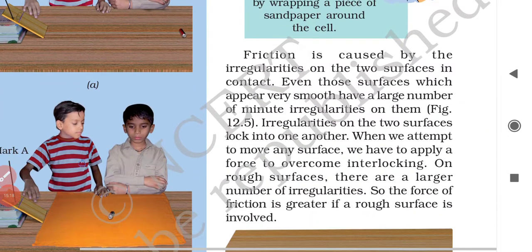Clear? So what is the cause of friction now? Friction is caused by the interlocking of irregularities in the surfaces of the two objects which are in contact with each other. Every object has a rough surface, and it may seem smooth to the naked eye.